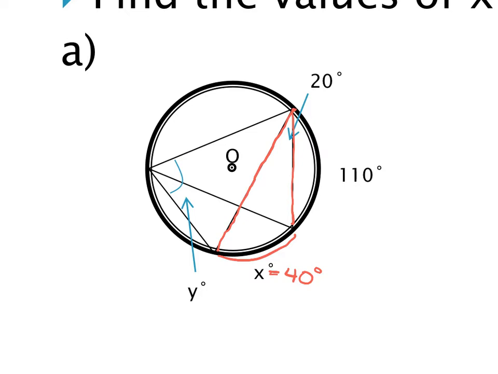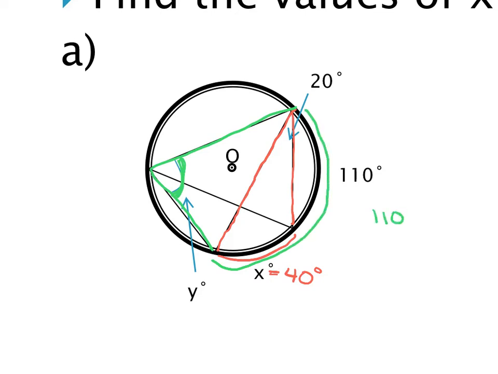Now, angle y here is this whole thing right here. So probably the easiest way to find its angle measure is to figure out what its arc measure is. So notice if I trace over the angle, the arc measure goes from here over to here.